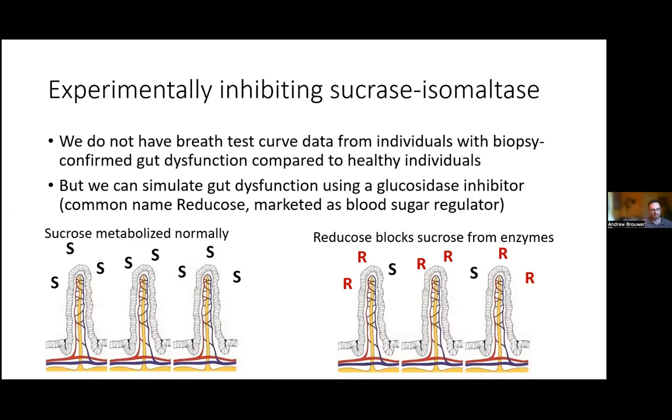And what this means is that this Reducose comes in and it is blocking the sucrose from being attached to the enzyme sucrase isomaltase. And so this is an experimental inhibition that we're hoping kind of mimics this gut dysfunction.